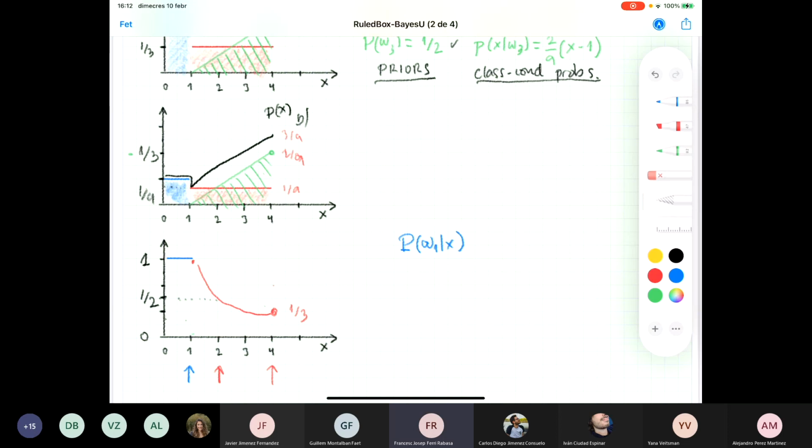Well, the exact shape should be something like this, because the sum of these two has to be 1. Well, we are not plotting exactly. That's not my intention. My intention is to just show what happens.